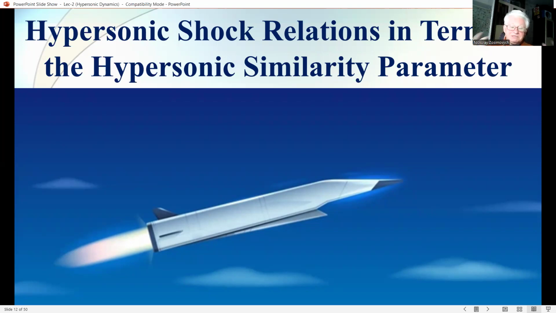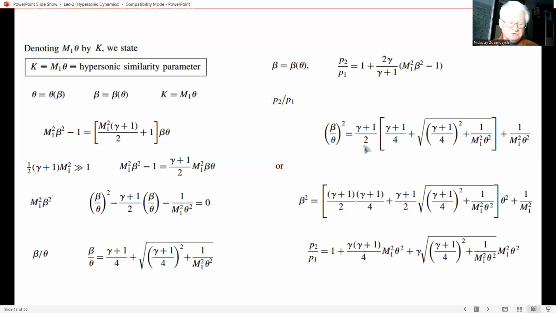Indeed, we will demonstrate in later modules that M1 times theta is a similarity parameter for such flow. And denoting M1 times theta by K, we state this expression, the hypersonic similarity parameter. In our future discussion, it will be helpful to express the oblique shock relations in terms of K. As you can see, the hypersonic similarity parameter.